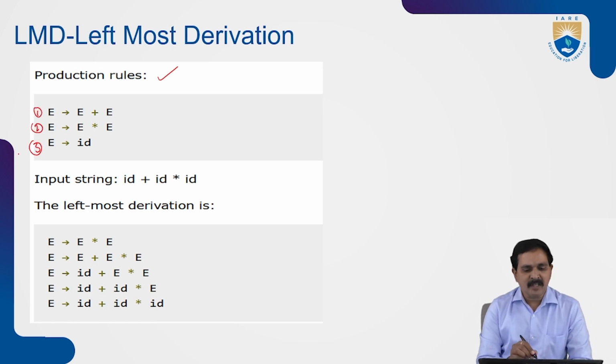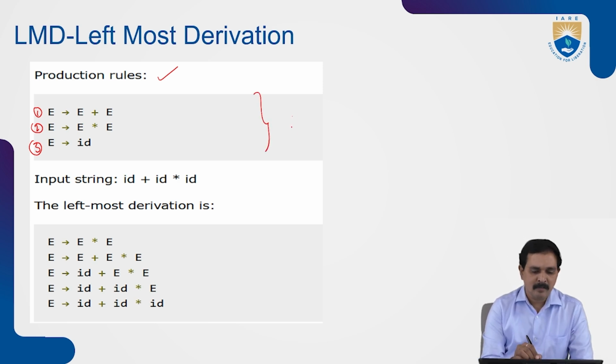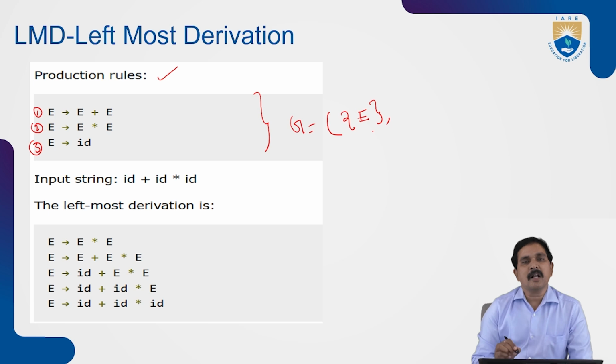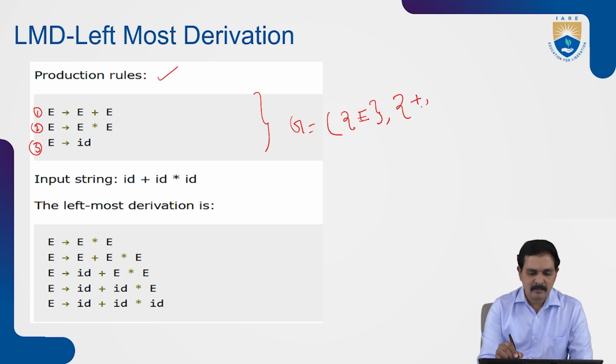What is the corresponding grammar? Suppose I want to write it. First you describe the variables. There is only one variable, E, as I described in the last case. What are the terminals? The terminals are the operators, and ID is also a terminal because ID does not have any derivation.